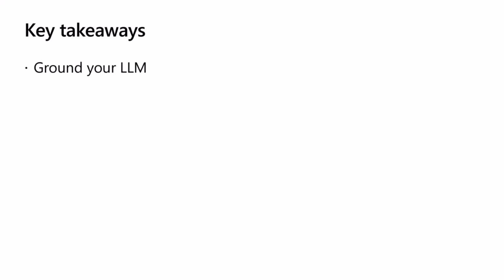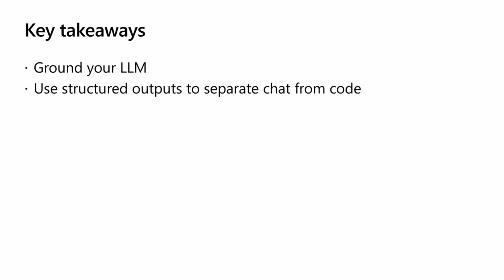So, key takeaways: ground your LLM. Remember, grounding is telling it, here's the information that you are going to need that you might not have, to provide context to our conversation. In my case, I'm grounding it with the adaptive card structure that may have already been provided. Use structured outputs to separate chat from code. You're not limited to two different nodes in your structured output.